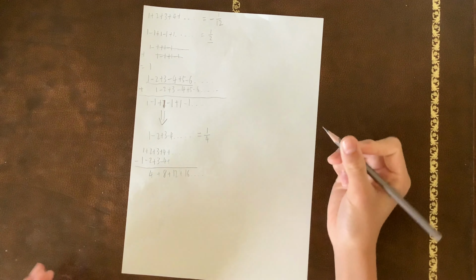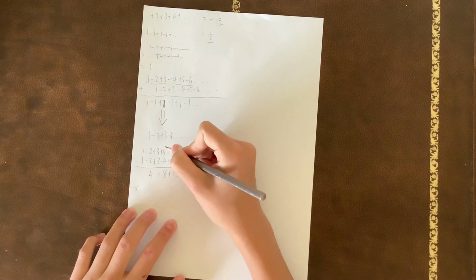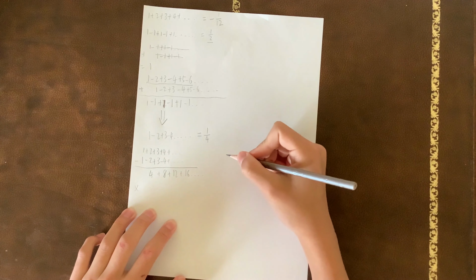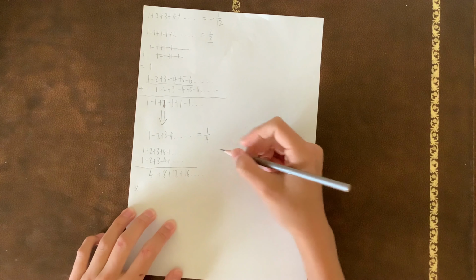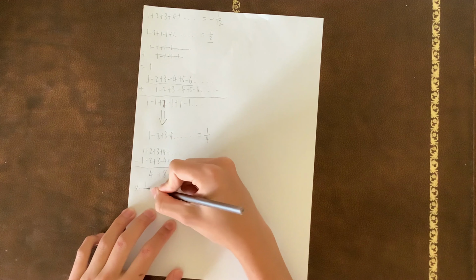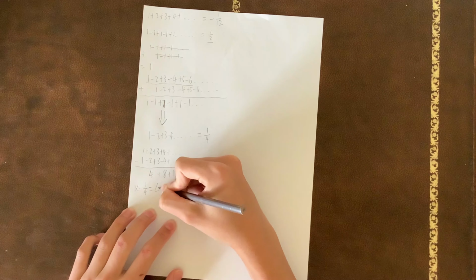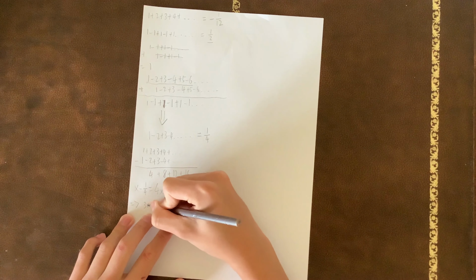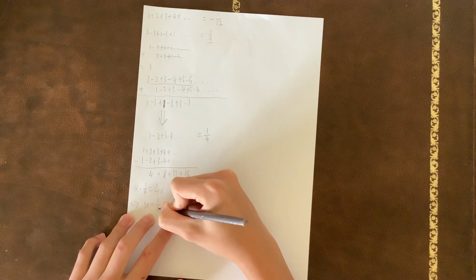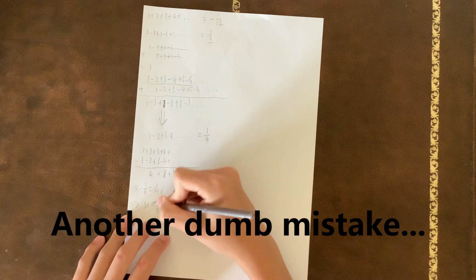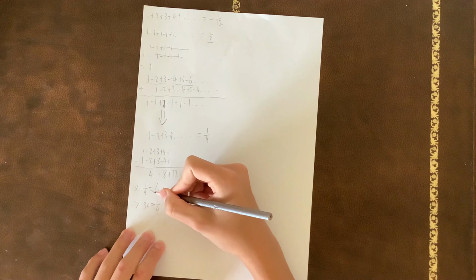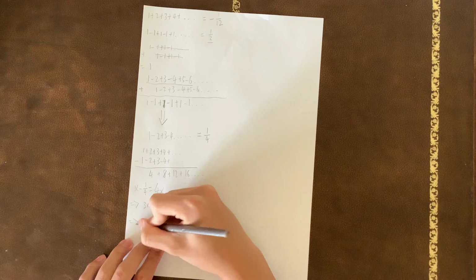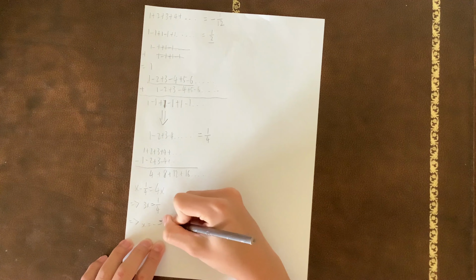So basically, if 1 plus 2 plus 3 plus 4 is x, then x minus a fourth is 4x. So that means 3x equals, I mean, negative a fourth, and that implies x equals negative a 12th.